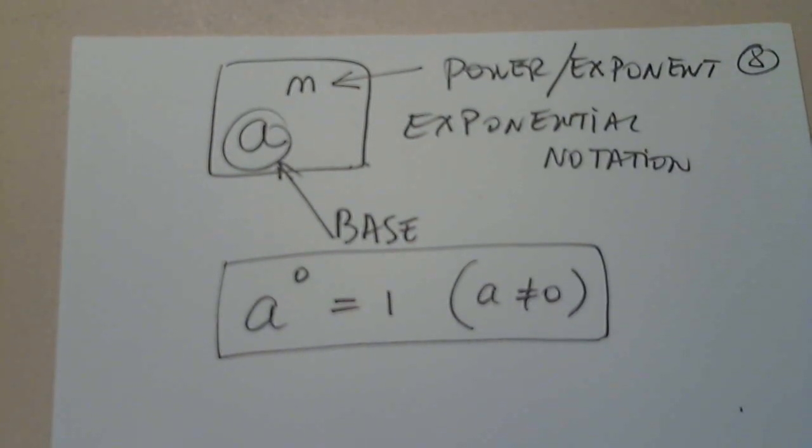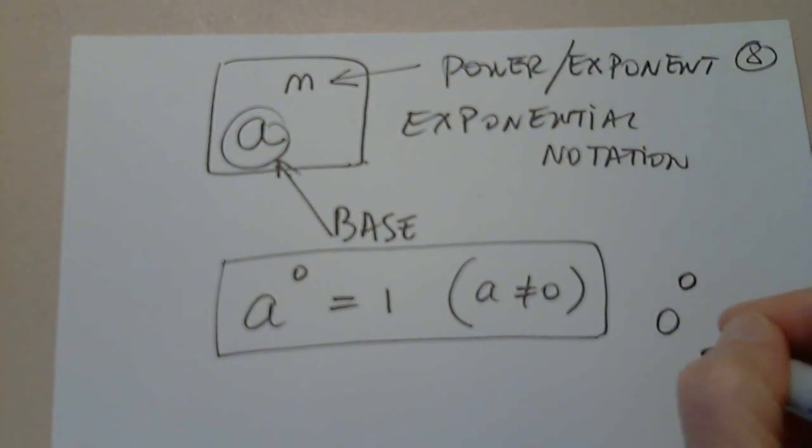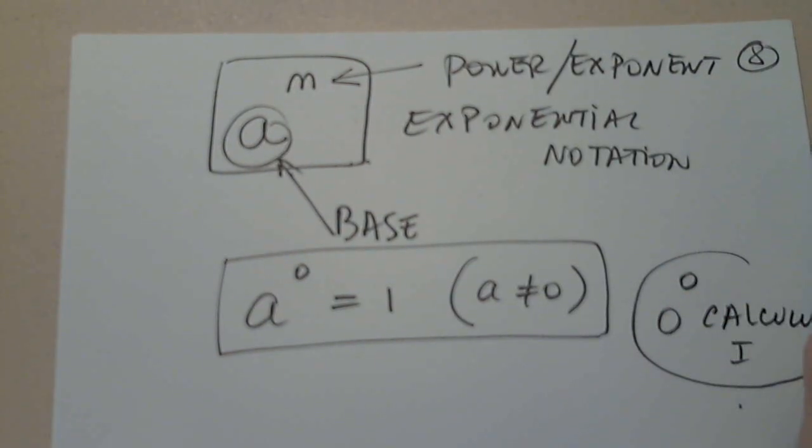Please remember this. A base raised to 0 is always 1, except in the case of 0 raised to 0. For this situation, you have to wait till Calculus 1. This special case is discussed in Calc 1. It's not called undefined. It's called indeterminate.